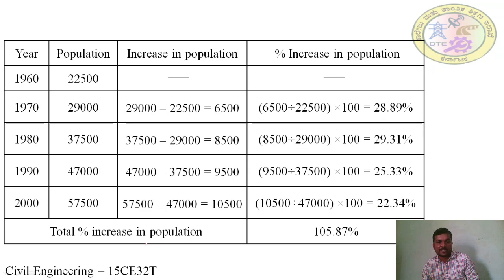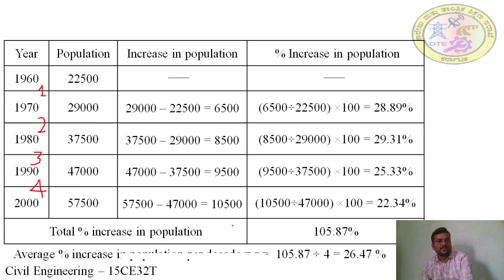So we need to find out percentage increase in population per decade. Here decade means the difference between 1970 minus 1960 is the first decade, 1980 minus 1970 is the second decade, 1990 minus 1980 is the third decade, 2000 minus 1990 is the fourth decade.